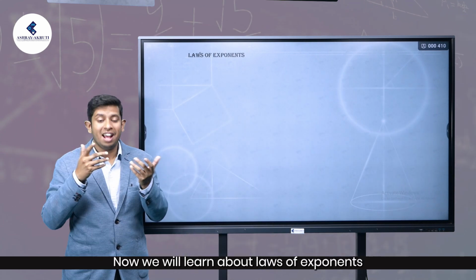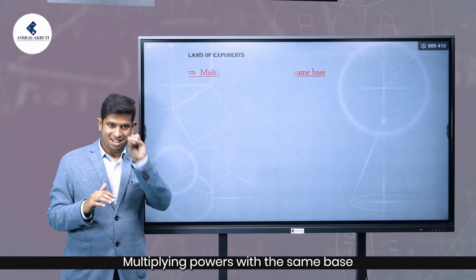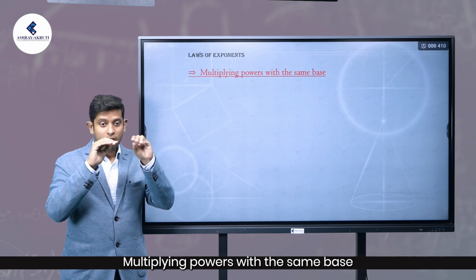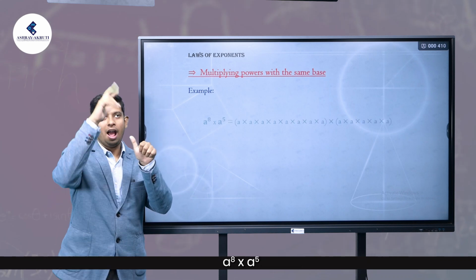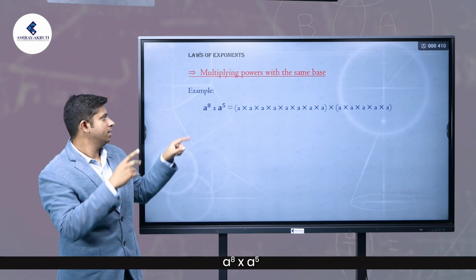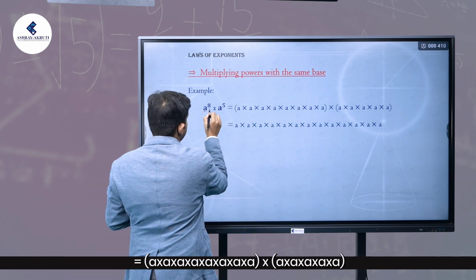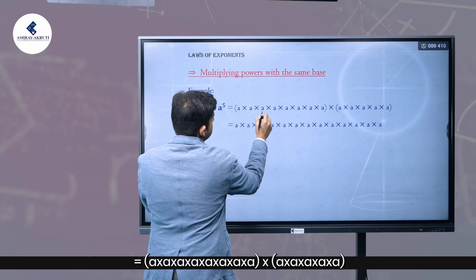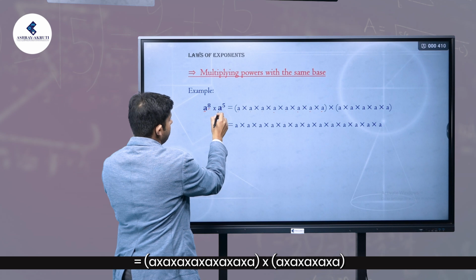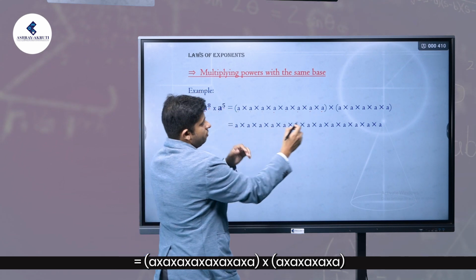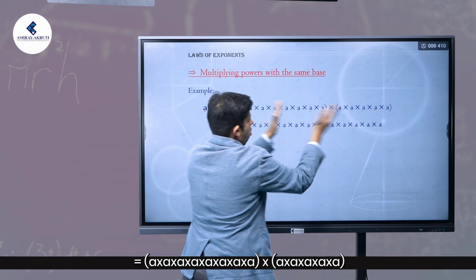Now we will learn about the laws of exponents. Multiplying powers with the same base. Consider an example: a to the power of 8 into a to the power of 5 equals a into a, eight times, into a into a into a into a into a, five times.